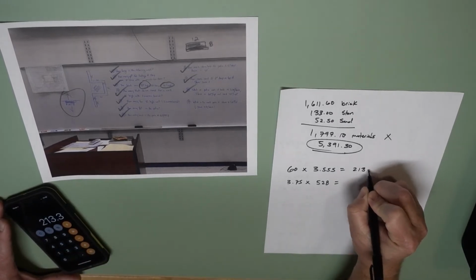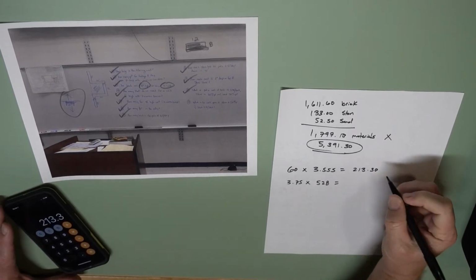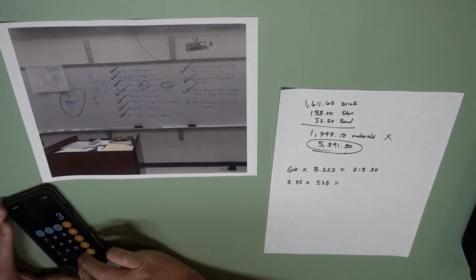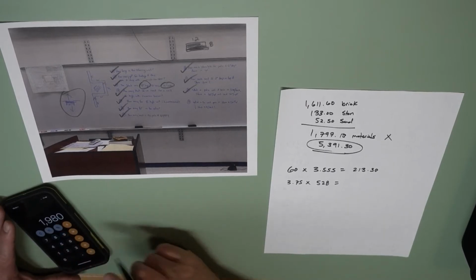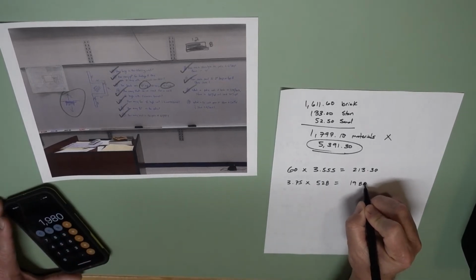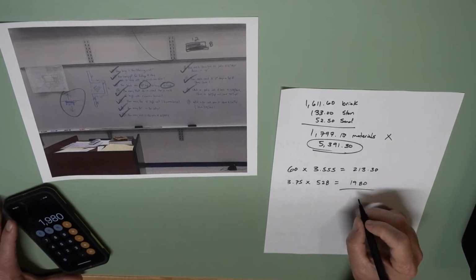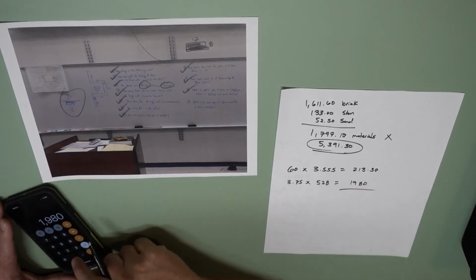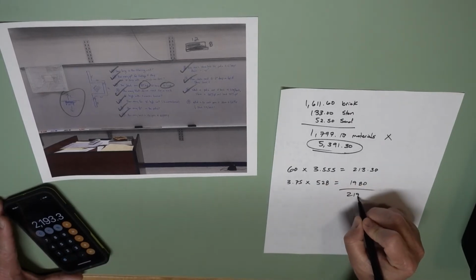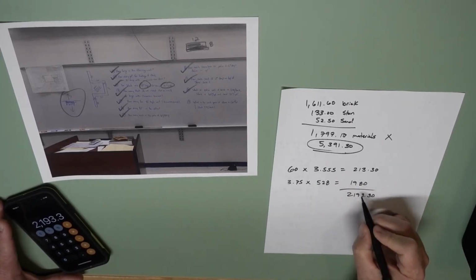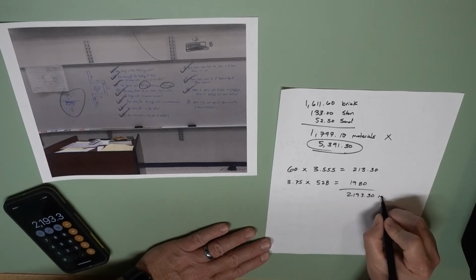We're looking about $213.30 on gravel. And we got 3.75 times 528. So we got about $1,980 materials plus $213.30, $2,193.30 for our materials.